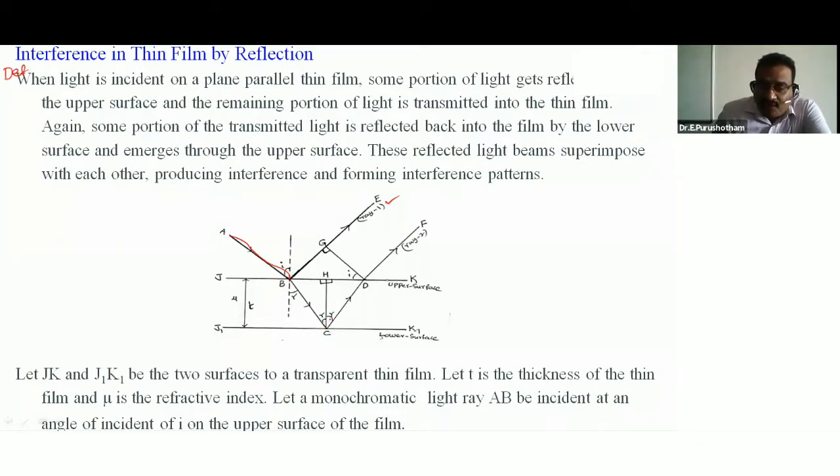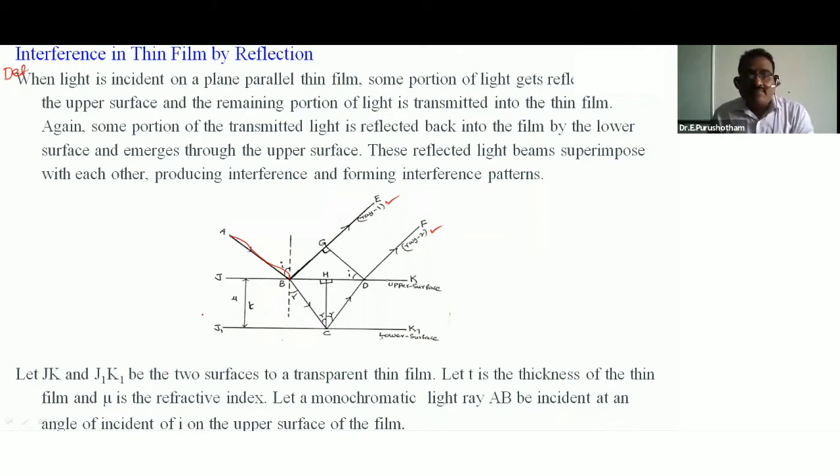It is also reflected from the lower surface, emerges from the upper surface and comes out as DF, or ray 2. This ray 1 and ray 2 superimpose on each other and give rise to the interference phenomenon called interference in thin film by reflection.